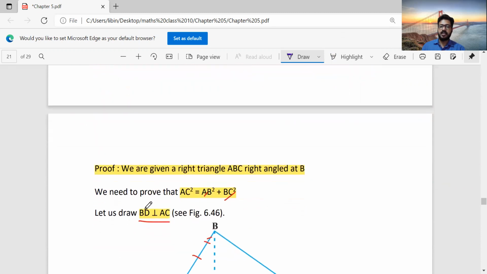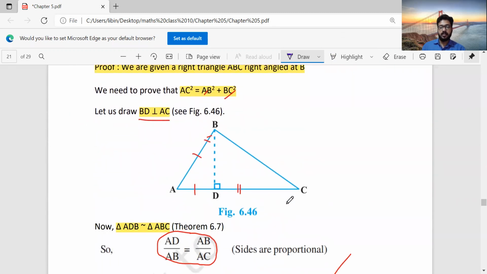Okay, we have seen the steps. The important step here is, first of all, forming a line which is perpendicular to the hypotenuse and made from the right angle, and thus making use of theorem 6.7, we can say the sides are proportional.